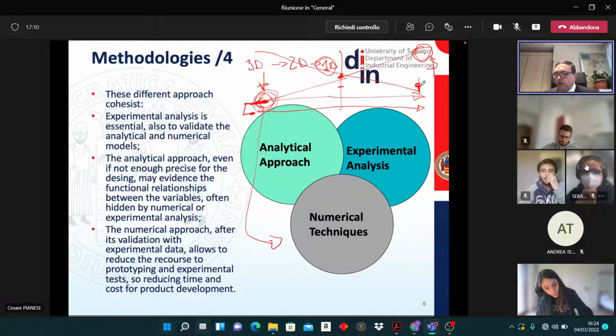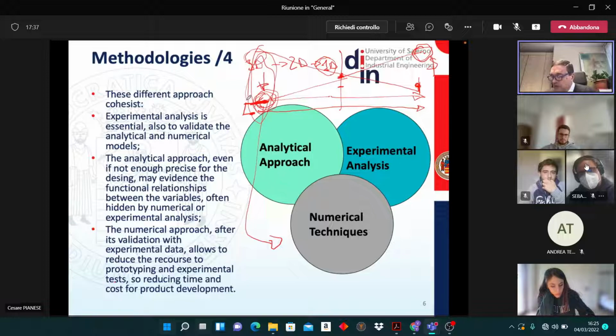Whereas if you have a numerical or analytical approach, you just change the diameter. So from 10 you go to 30, and then you have the data. So this is more flexible, less expensive, but perhaps in the ideal world, the accuracy you have here is the maximum.